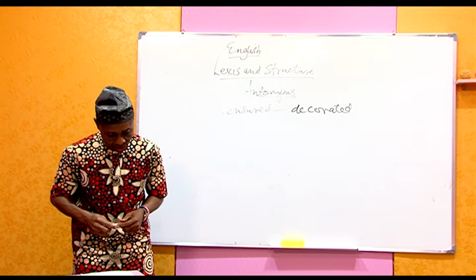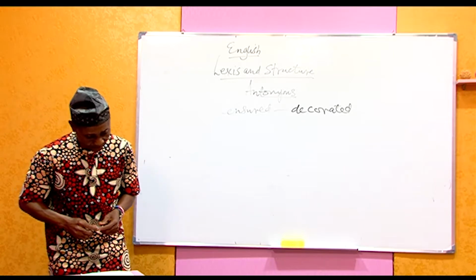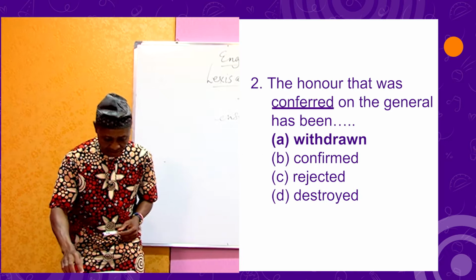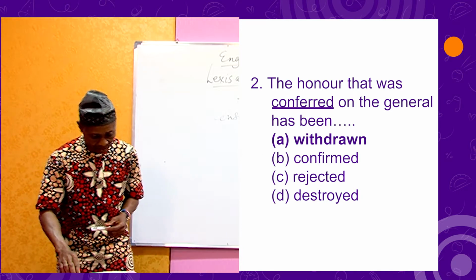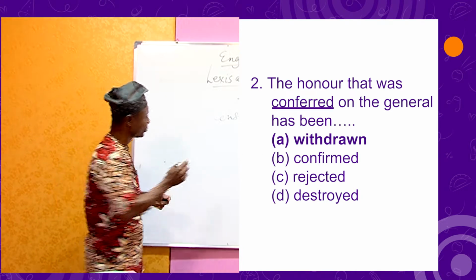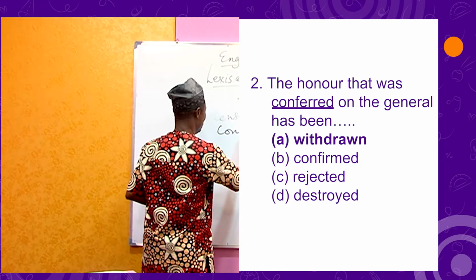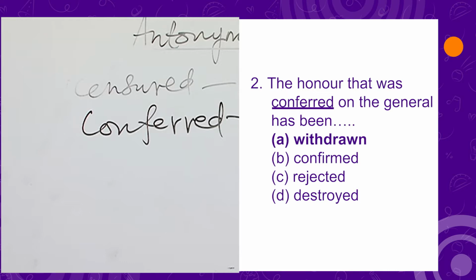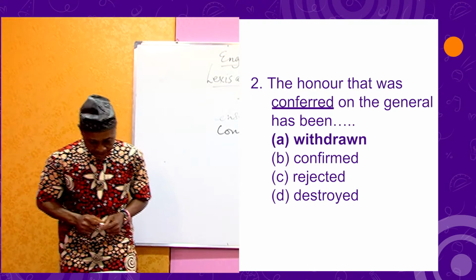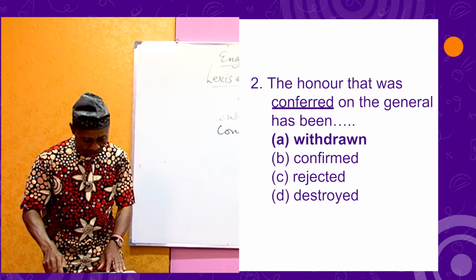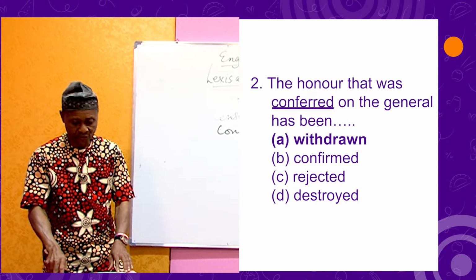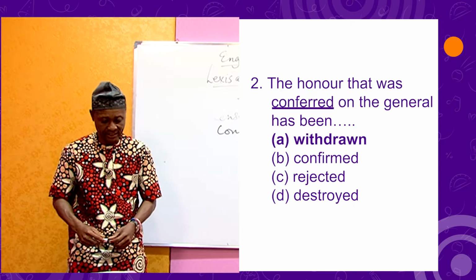Now, question number 2. The honor that was conferred on the general has been dash. The word underlined in the sentence is conferred. And we have to look for the word that is opposite in meaning to that word, conferred. A, withdrawn. B, confirmed. C, rejected.